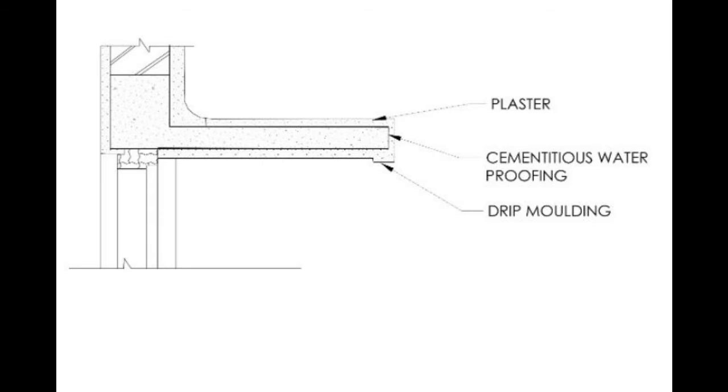So care has to be taken that any kind of coating that is provided to the chhajja has to extend onto the wall above the lintel level, so that this continuous layer of plaster or membrane maintains the waterproofing. Okay. So majorly in the chhajja, the main source of leakage is at the top joint between the lintel and the brickwork, because your material is changing, right?